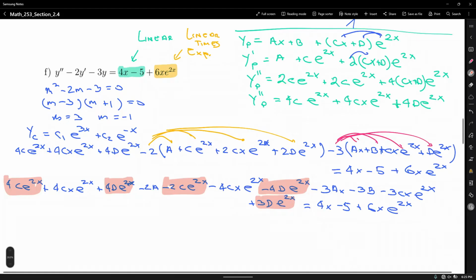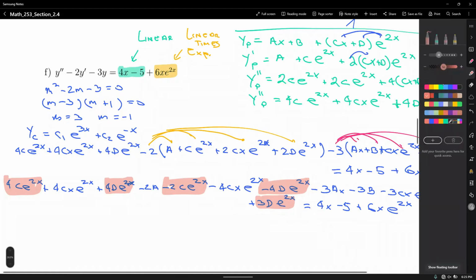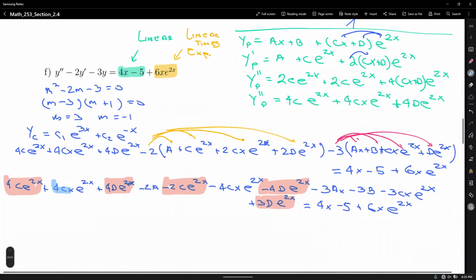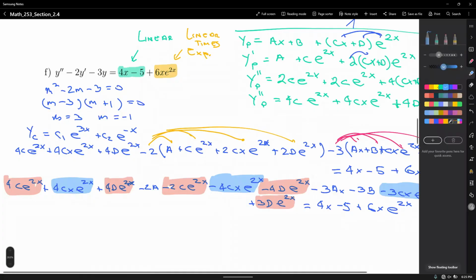What else do we have? With a different color, we have a constant times x times exponential, another constant times x times exponential, another constant times x times exponential. I believe that's about it. What other nature of terms do we have?